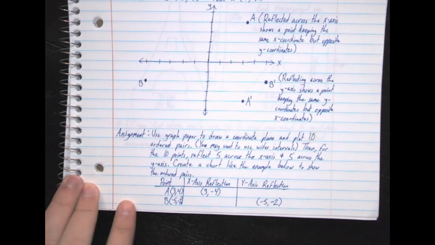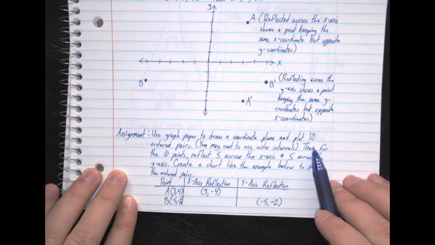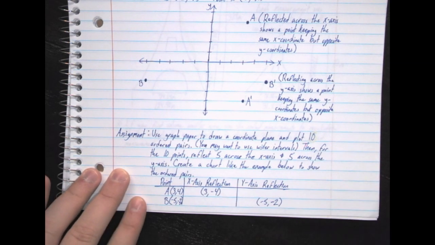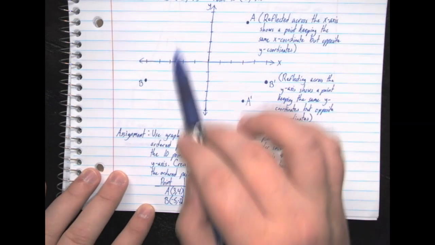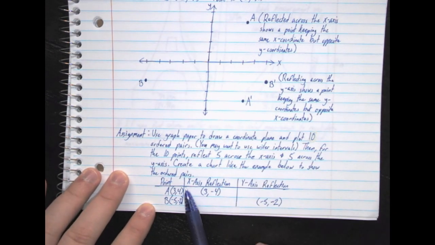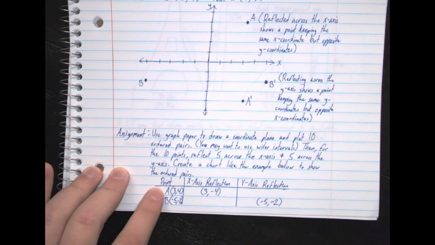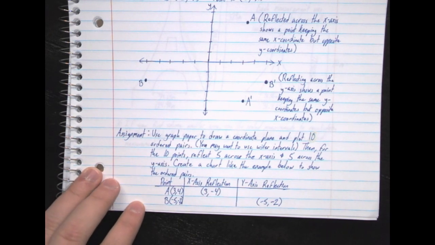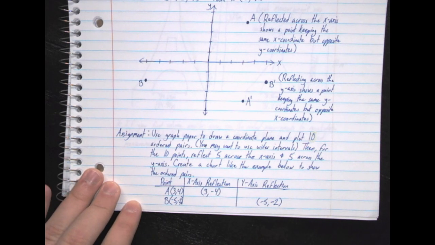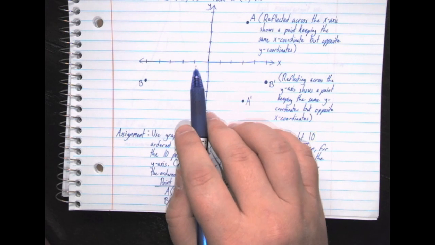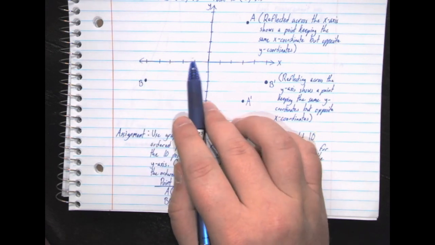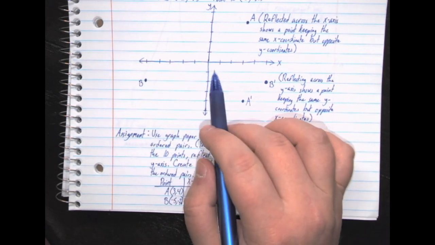So here's your assignment for this one. Use graph paper to draw a coordinate plane and plot 10 ordered pairs on those. Now, what I would recommend would be after you have your drawn coordinate plane, keep a little chart over here to keep track of your points. You may want to use wider intervals, like up here I have just interval of 1 starting from 0.